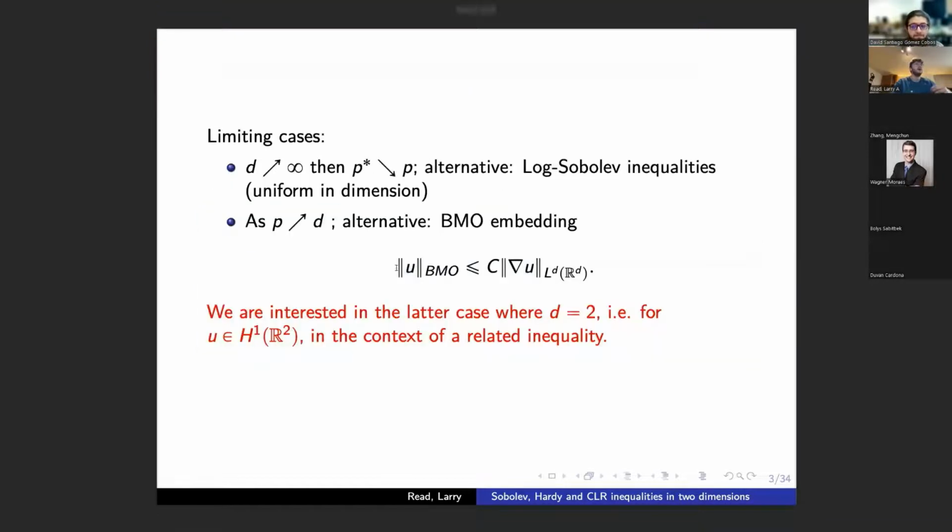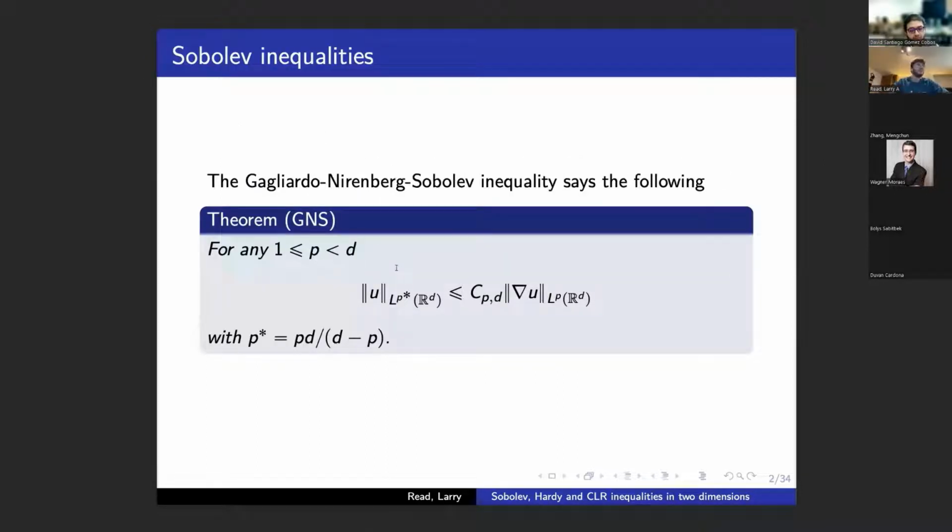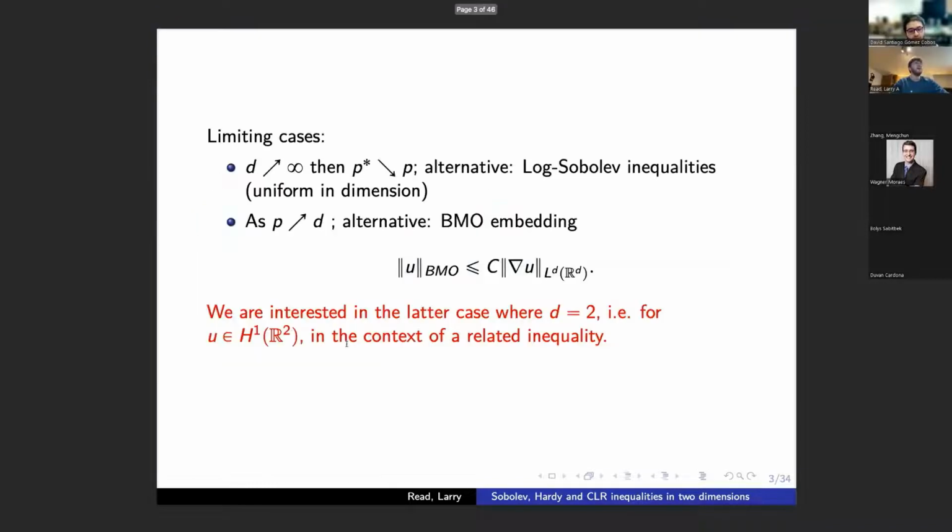Of course, you can consider the case, similar to what Meng Chung just discussed, when the dimension gets larger and larger. In this case, you can see from the definition of the conjugate p* that you lose this gain of information. You just get p back when you consider the limit. In this case, you can consider an alternative. Again, Meng Chung mentioned this, and I think Yao and Straight mentioned this yesterday.